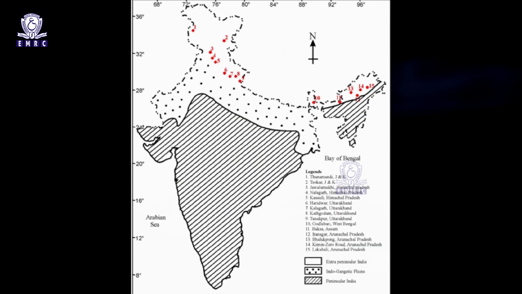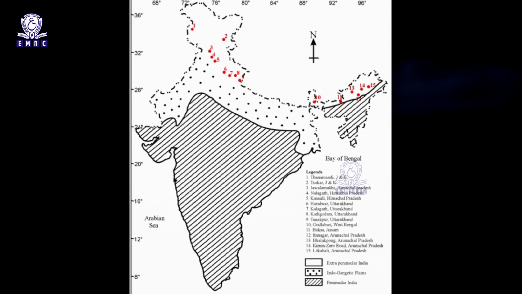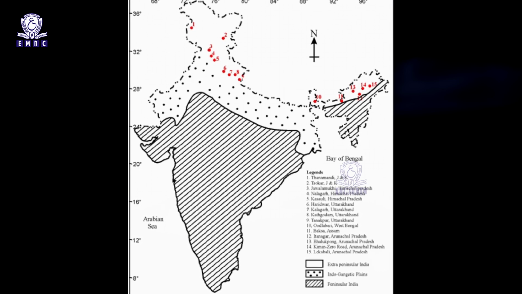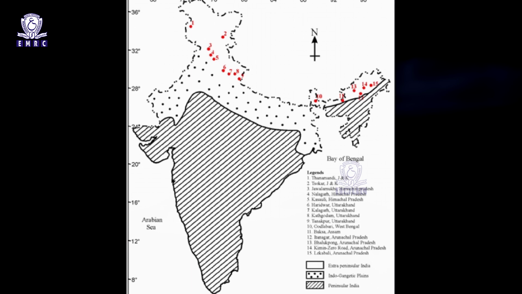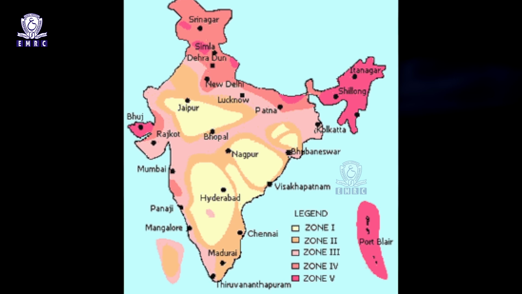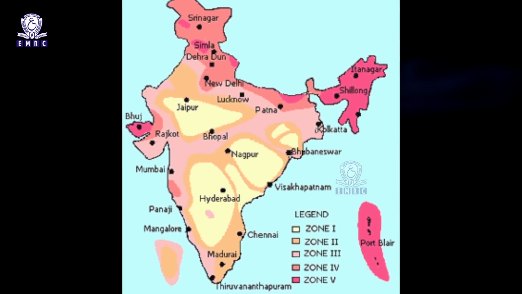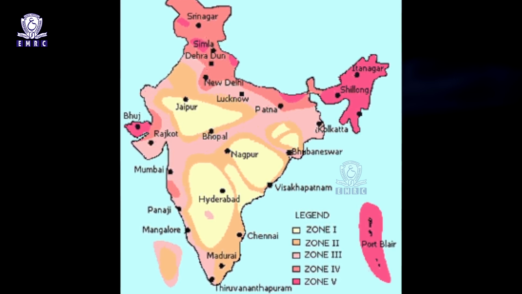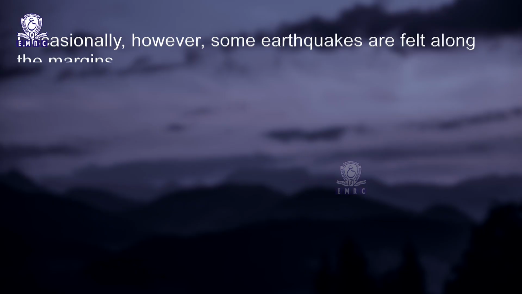The peninsular parts of India, which mostly cover South India, are considered to be a stable block. That is, peninsular India was considered a free zone from seismic activity till recently. Occasionally, however, some earthquakes are felt along the margins.